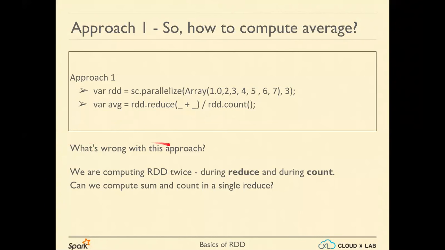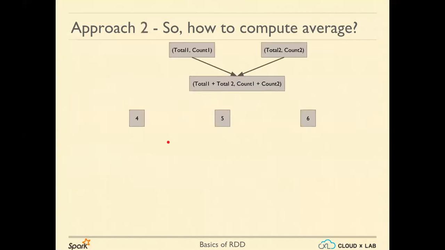I'm sure most of you are seeing the PPT. Now here, imagine that we have two elements, and we convert both elements into total and count. We can combine these two elements by summing up the totals as well as summing up the counts.